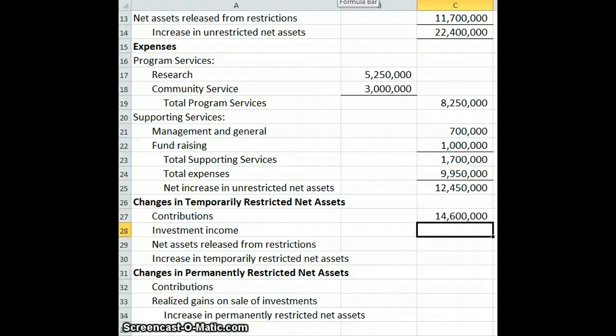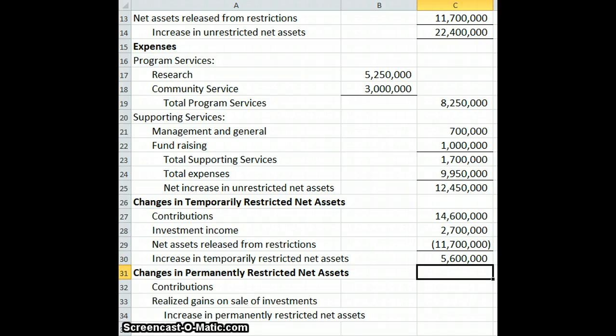Our investment income restricted for plant purposes was $2,700,000, so we're going to record that revenue. That gives us our next line, net assets released from restrictions, that we had calculated above. So we're going to subtract out $11,700,000. That's a reduction because we took those out of temporarily restricted and put them into unrestricted. So our increase in temporarily restricted assets is $5,600,000.